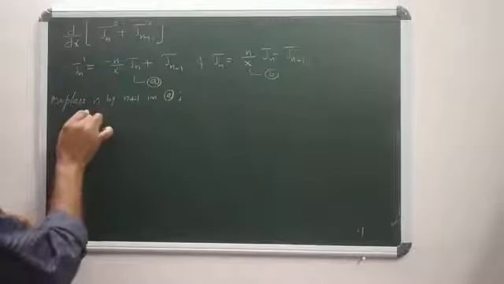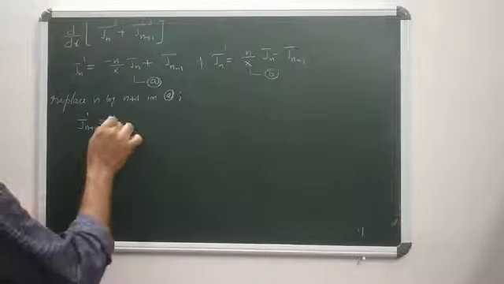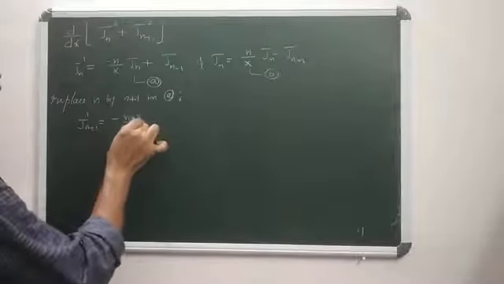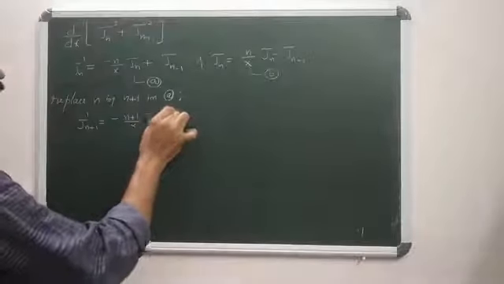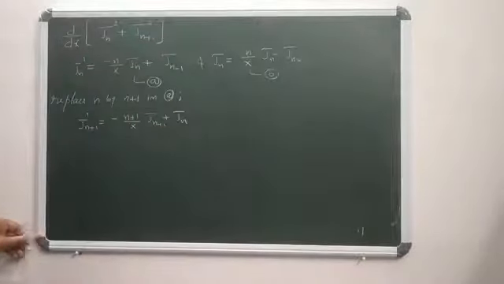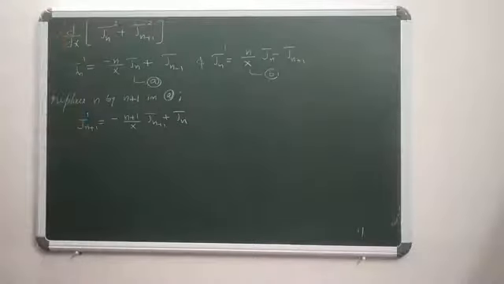J_{n+1}' equals minus (n+1)/x J_{n+1} plus J_n. Right. So now our requirement is this one: find d/dx of J_n squared plus J_{n+1} squared.